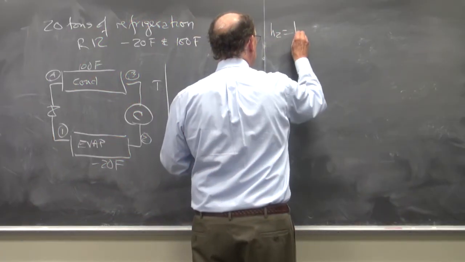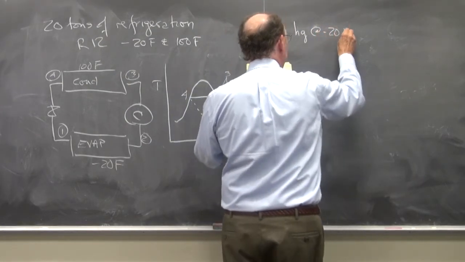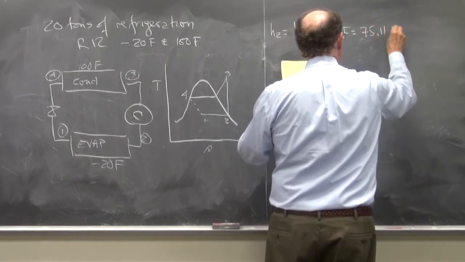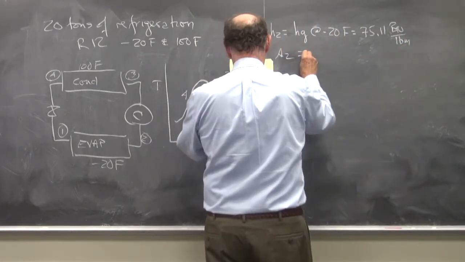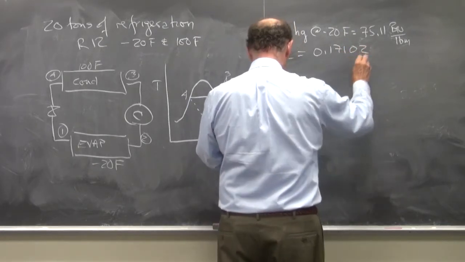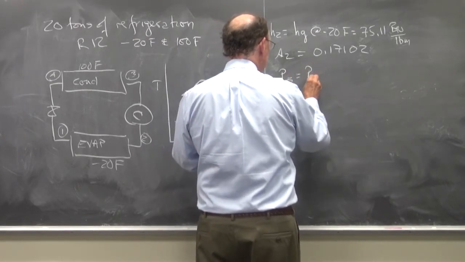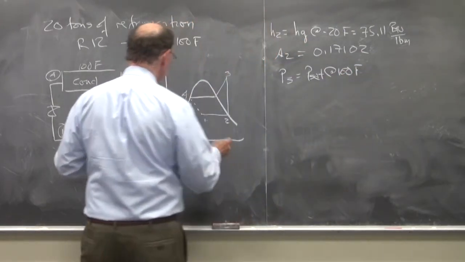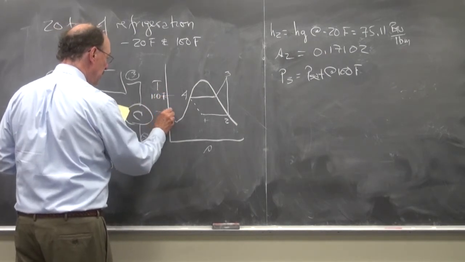H2 is equal to H sub G at minus 20 degrees Fahrenheit, and that's equal to 75.11 BTUs per pound mass. S2 is equal to 0.7102. P3 is equal to Psat at 100 degrees Fahrenheit. So this is your 100 degrees Fahrenheit, and this is your minus 20.